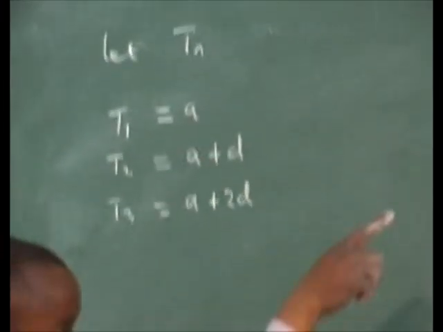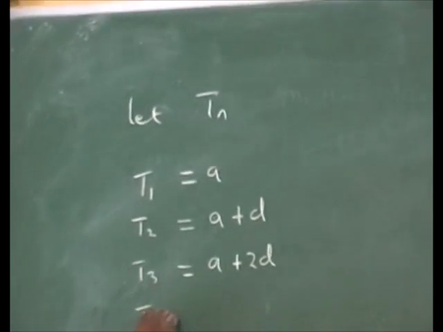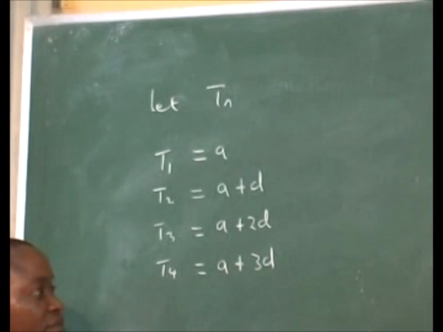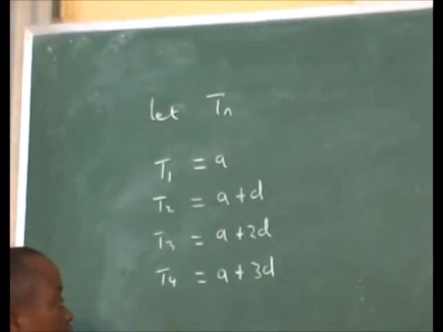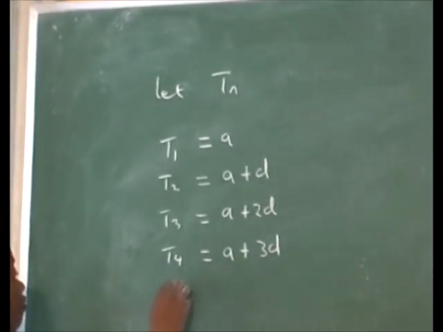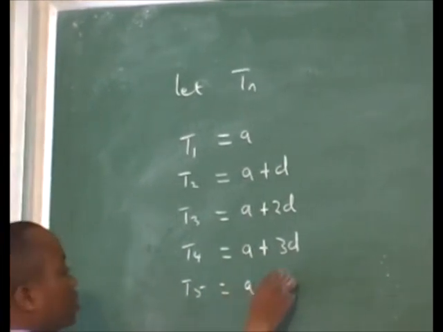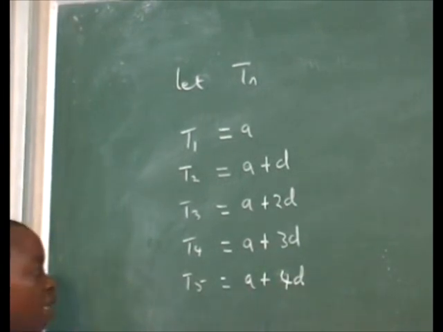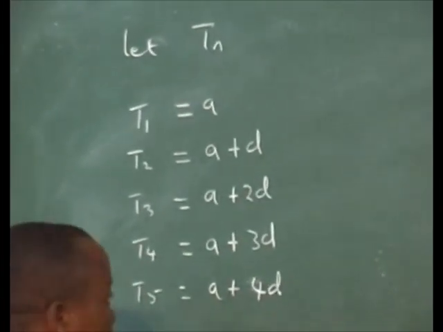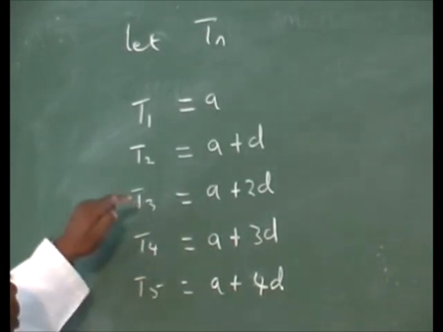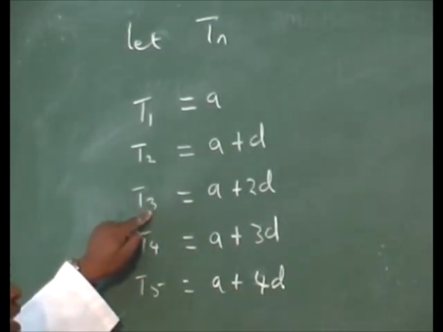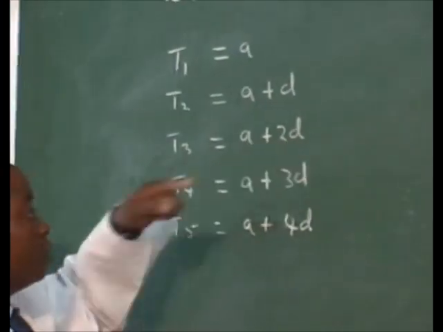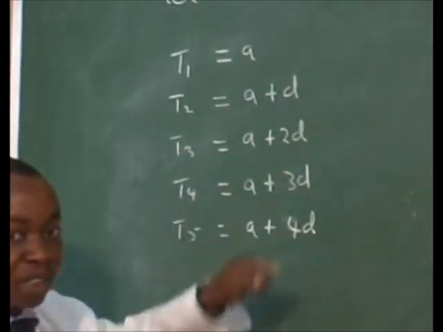The same thing happens if we go to the fourth term, T4, we will have A plus 3D, that is 3 times the common difference. So T5 will be A plus 4D. Now we observe that at each term that we want to get, it is A plus n minus 1 times d.